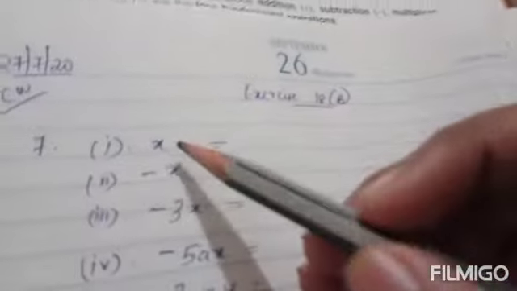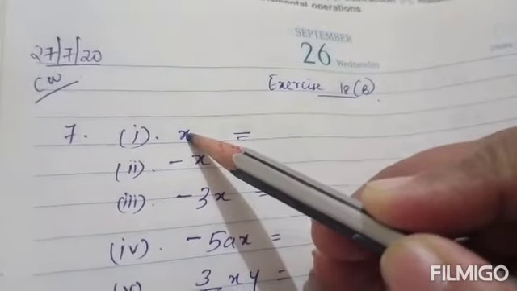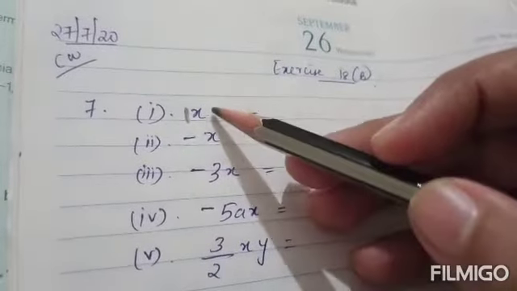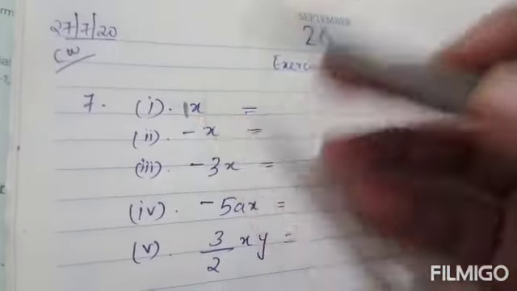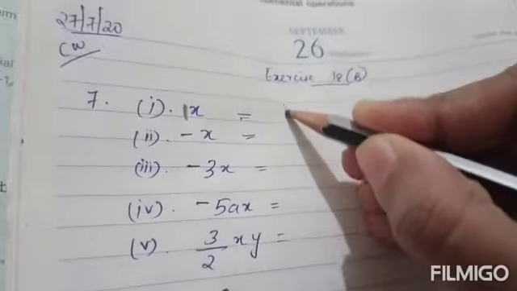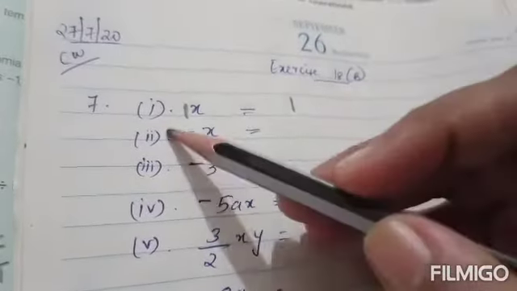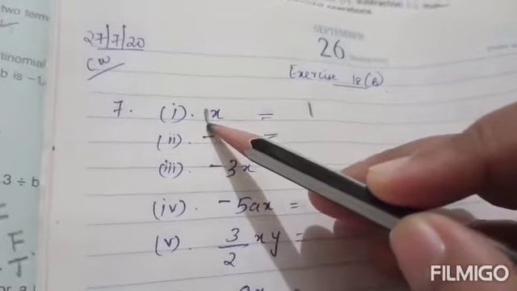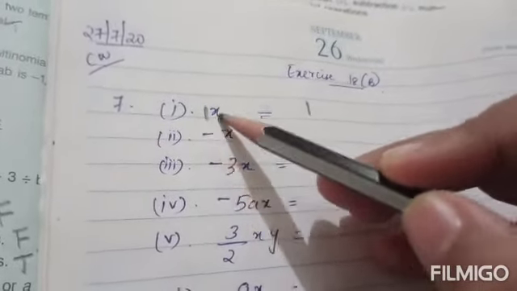So first question, x. So here x means 1x. So the coefficient of x is the remaining factor 1. Okay, coefficient of x here is 1 because x means 1x. Okay.